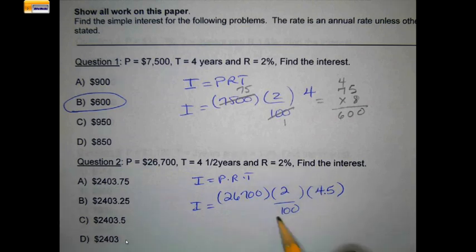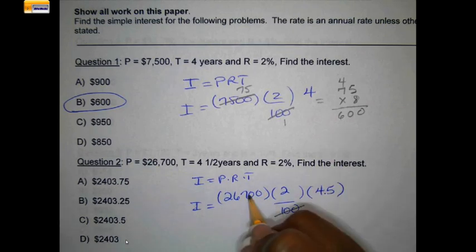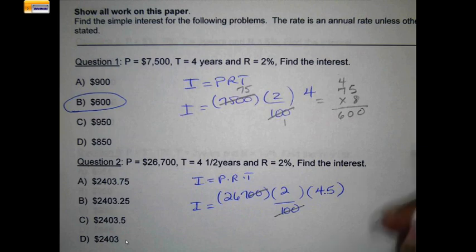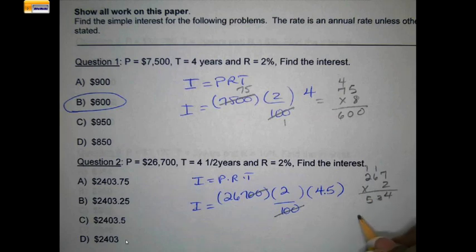So I can cross out the 100, cross out these 2 zeros here. This will leave me with 267 times 2. Let's do that first. And then I need to take 534 times 4.5.